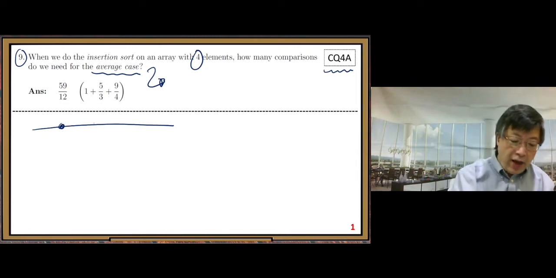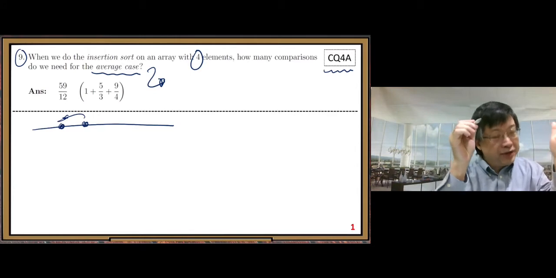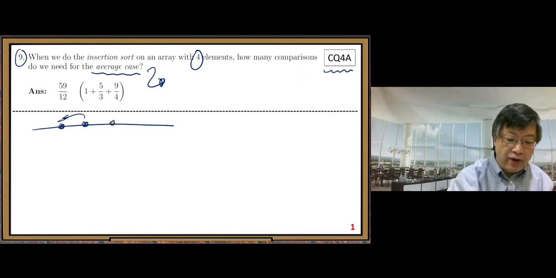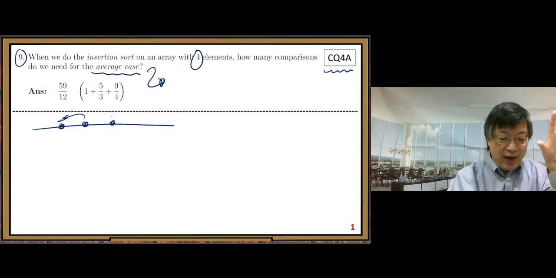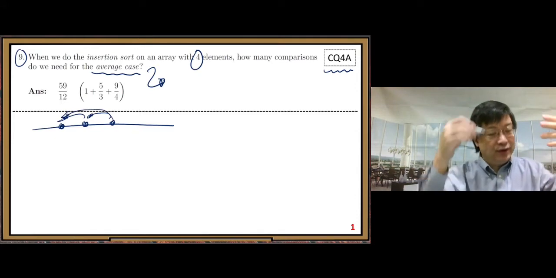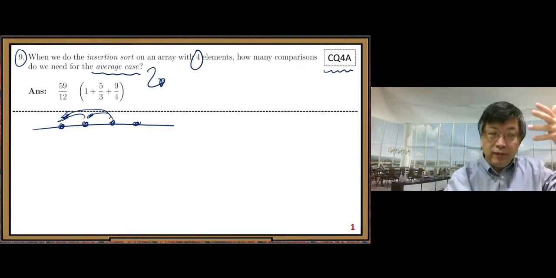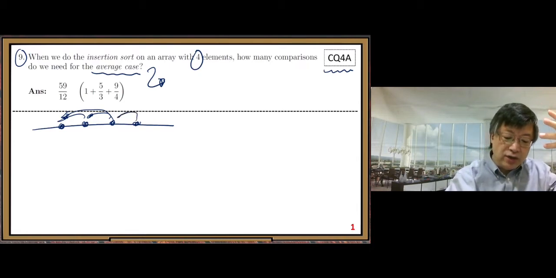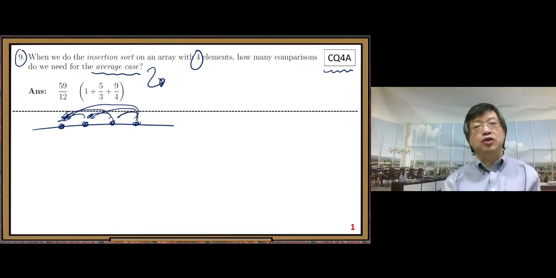Then the second element, we need to do the insertion to make it sorted. So you have different cases. Then the third element, you need to make it sorted, right? Then you need to do comparisons to make it sorted. Then the last element, the last insertion, you need to do possible comparisons. That's the basic procedure.